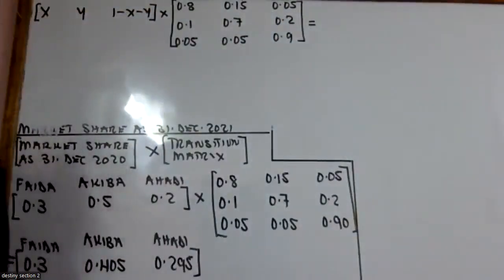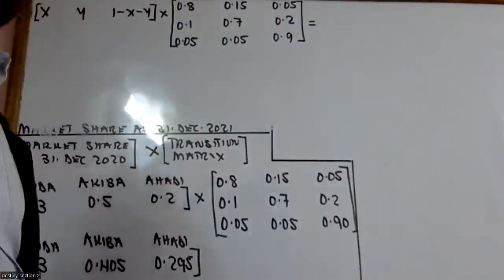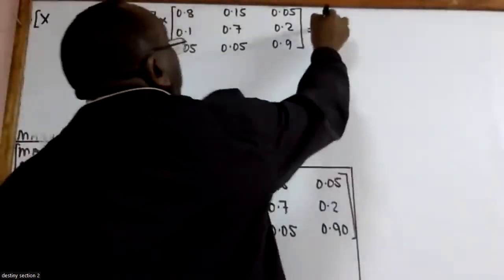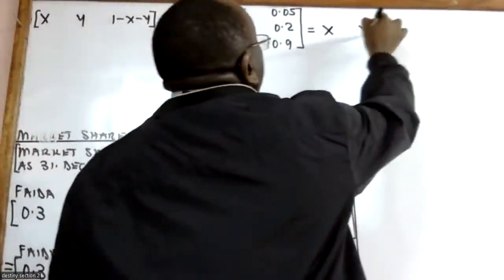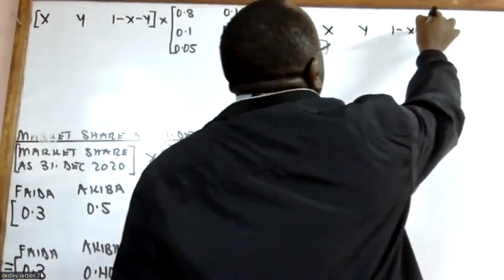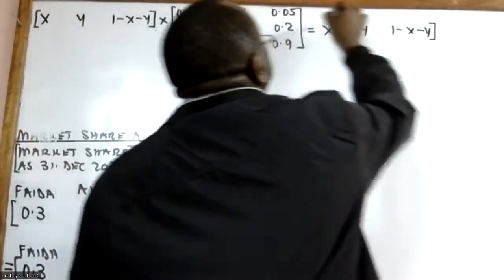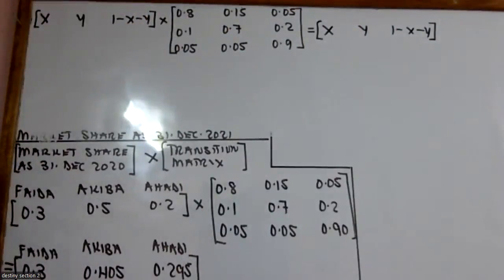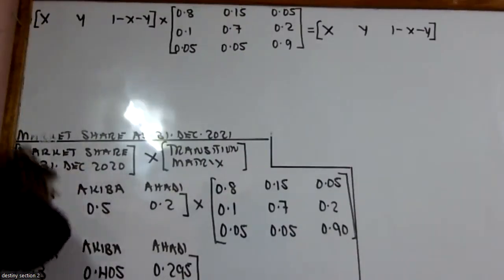Now this one should be equal to x, y, 1 minus x minus y. That is what we should get there.